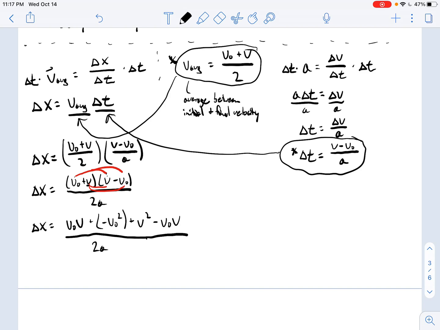So again, we're going to want to simplify this just a little bit more here. First thing is that our v initial times v is going to cancel out with our negative v initial times v, as we add those two together. And I can rewrite our equation here as delta x equal to v squared minus v initial squared over 2a.